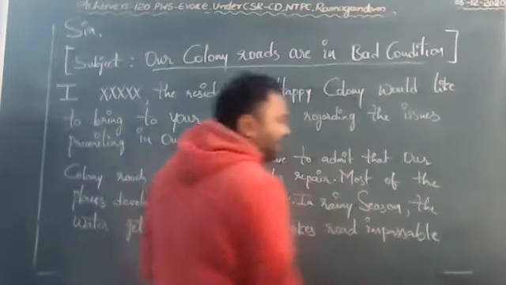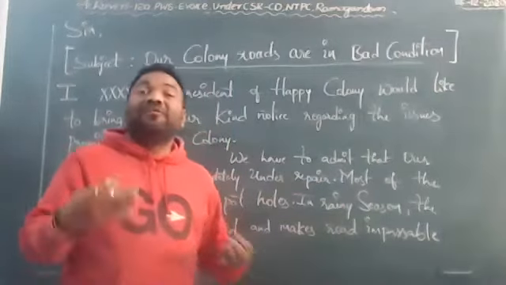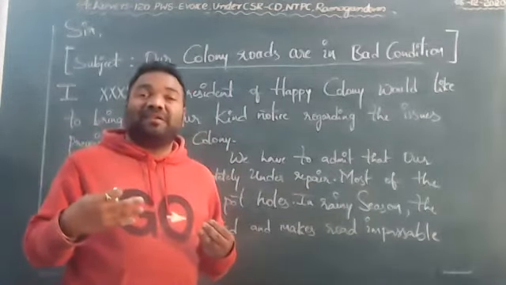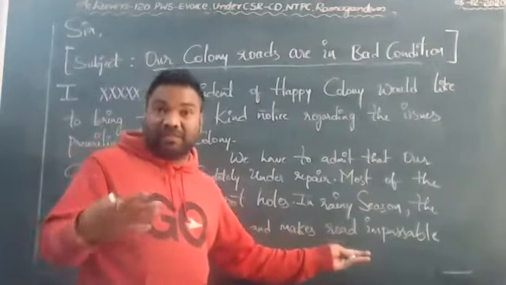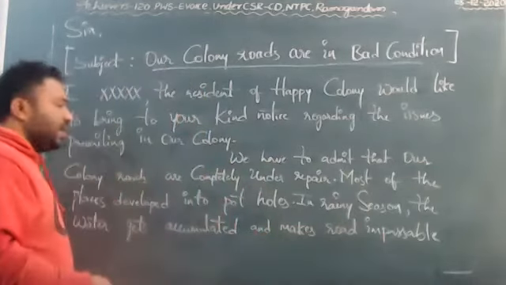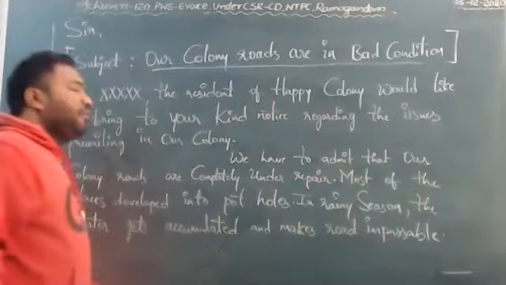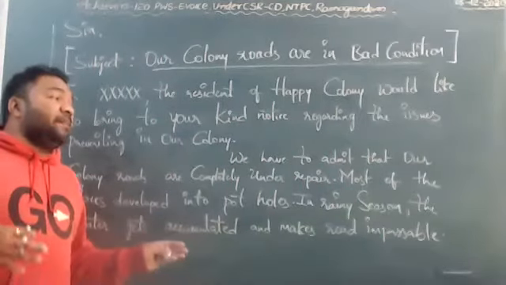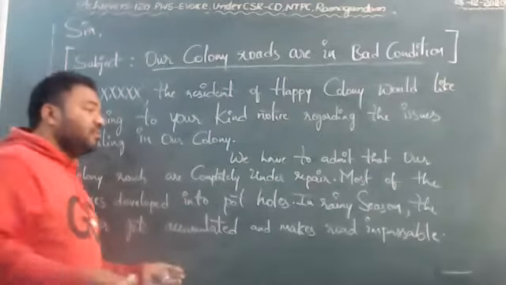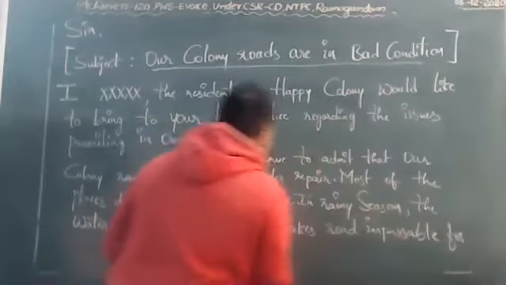I'm not saying impossible here, but impassable, meaning we are really facing trouble passing on that road. That is the word which really helps us to be a little more meaningful and convenient. In rainy season, the water gets accumulated and makes the road impassable for us.